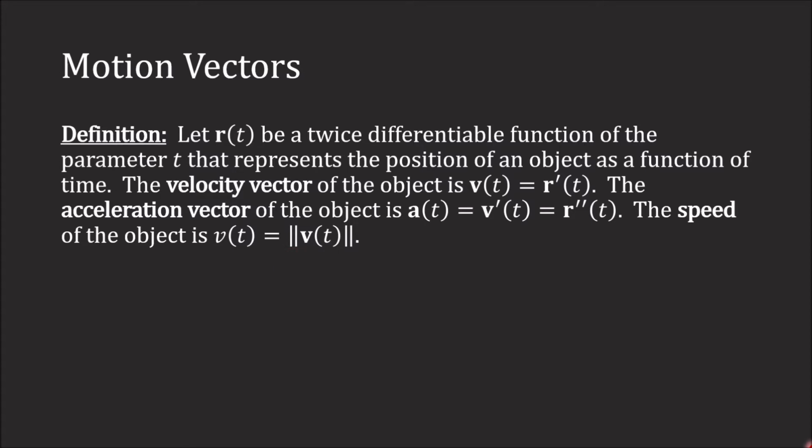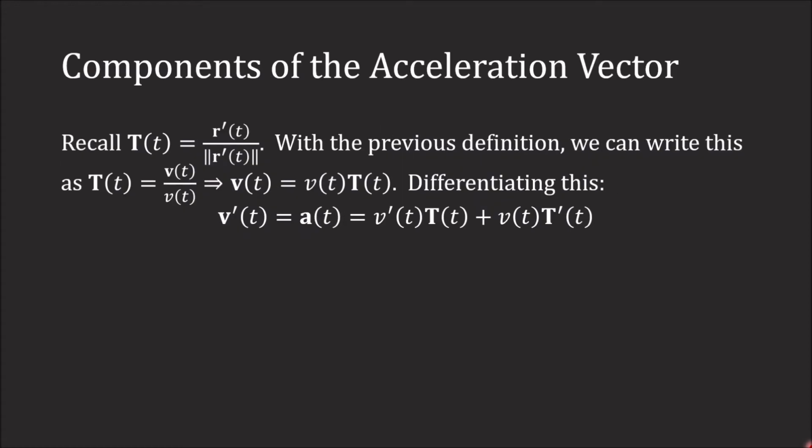So this is now a simple extension of motion that was studied in Calc 1 and Calc 2, except now we're applying it in multiple directions. So we're applying it with vectors. So we're going to try and break down the acceleration vector into two components. So recall that the unit tangent vector is r prime over the magnitude of r prime.